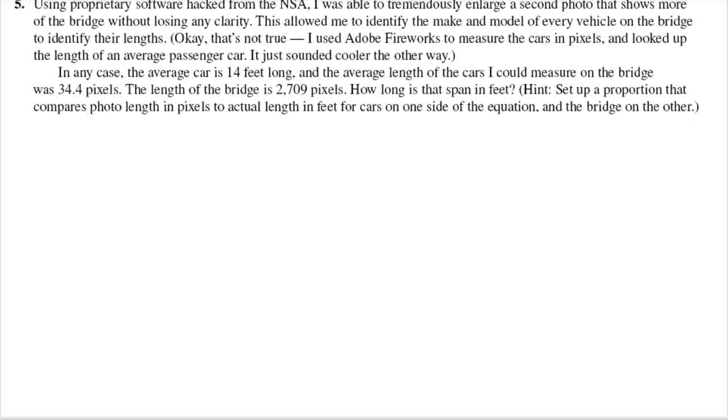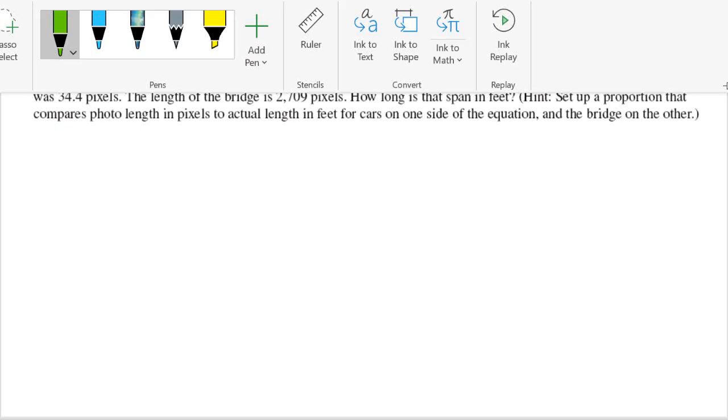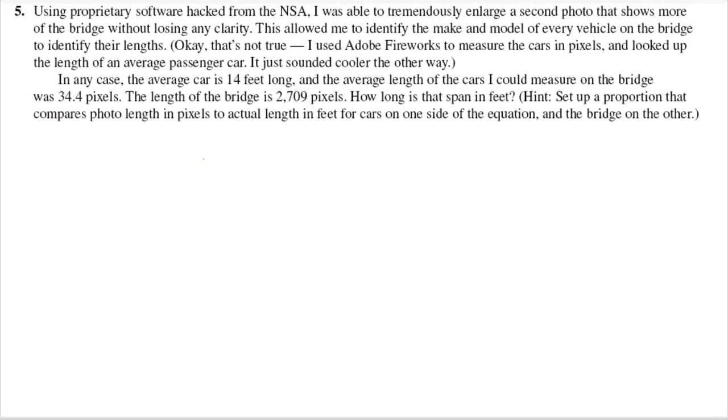He measures the pixels in the picture. If you look really closely at a digital picture, if you zoom in really far, you see squares. Those are the pixels. If you zoom in really close, you start to see the pixels. You don't see the picture so much. So he measured the length of the bridge in pixels.